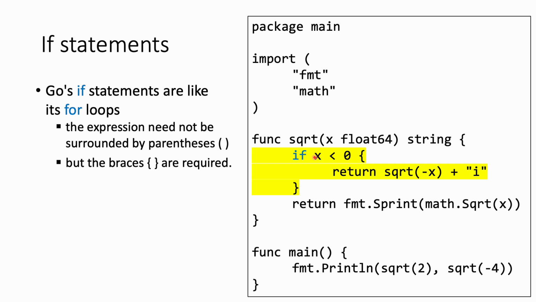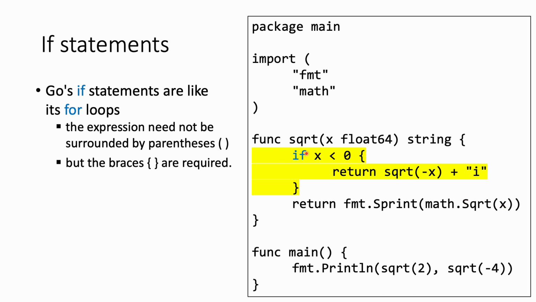So, for example, here the condition or the Boolean expression is x less than 0. So if x is less than 0, then we will return the square root of minus x plus i. So that is the body of the if statement. And after the if statement, you should also print out the square root of x.